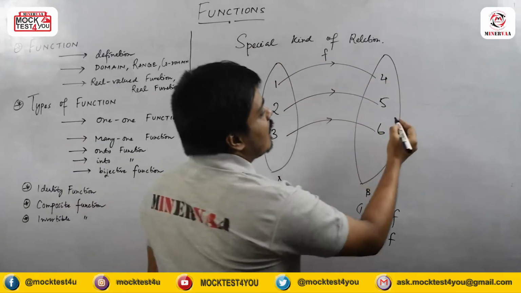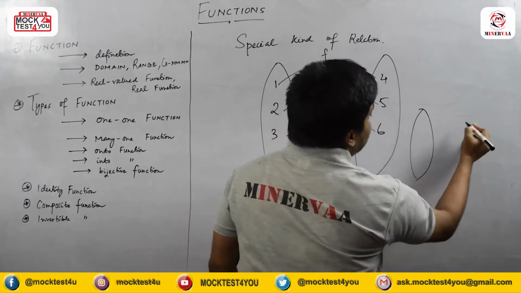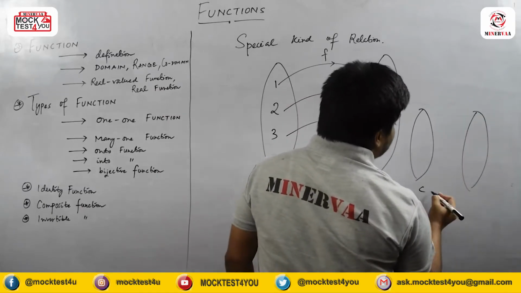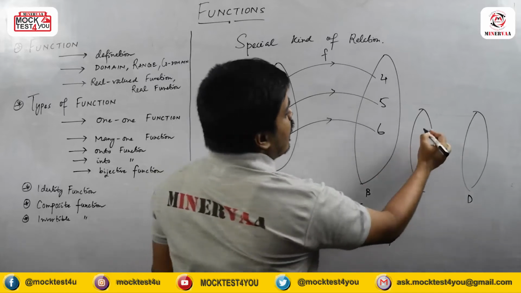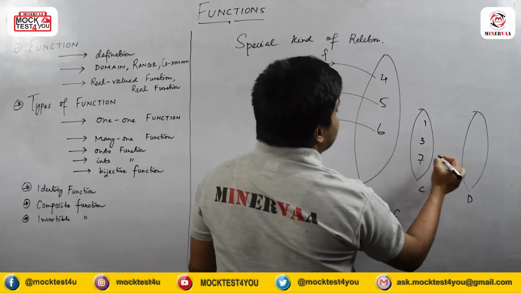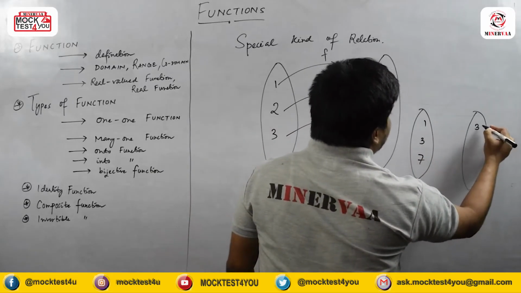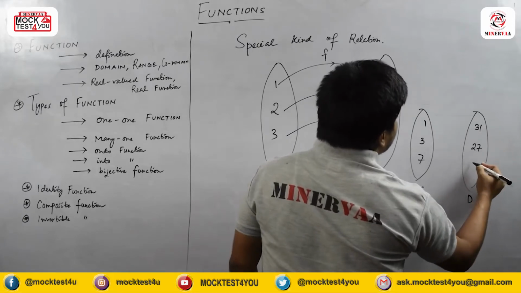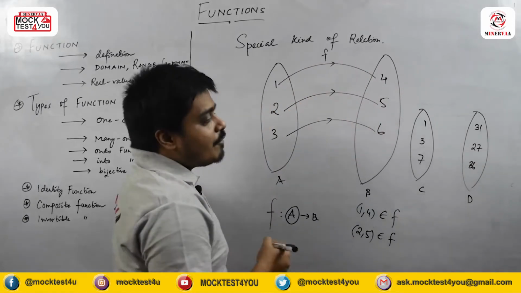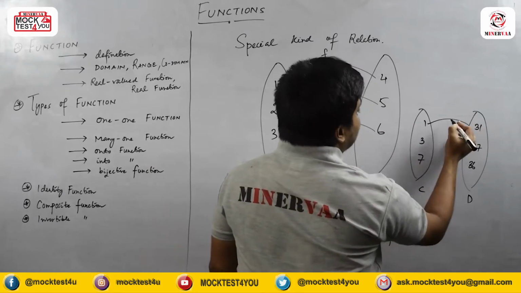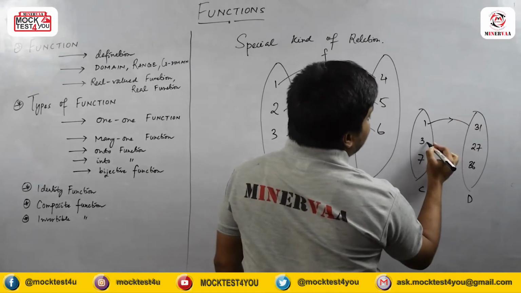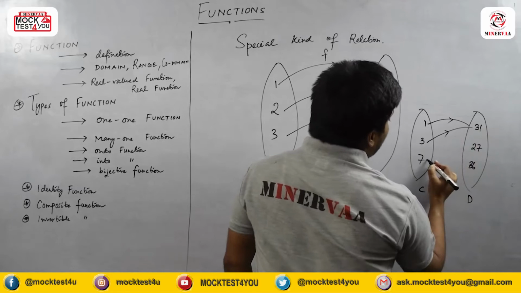Now I will give you an example. Suppose I have two sets C and D. I have 1, 3, 7 in here, and 31, 27, 36 in here. I make the arrows from here to here, then here to here, and here to here.